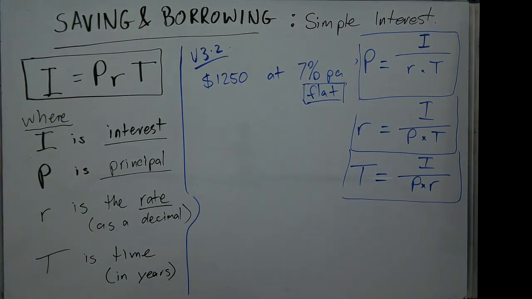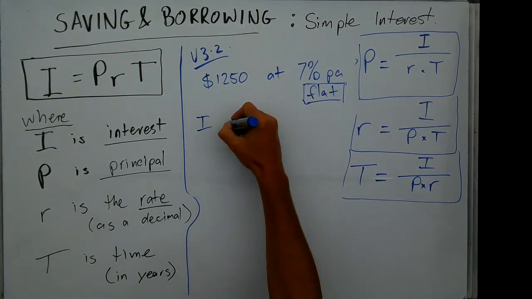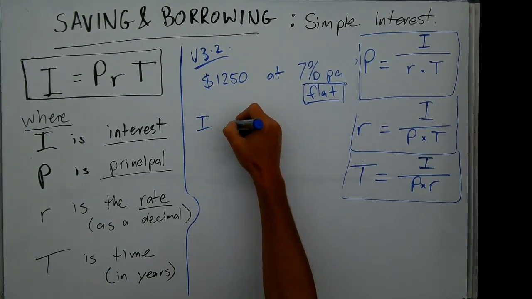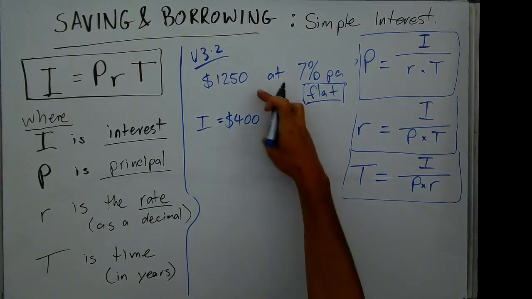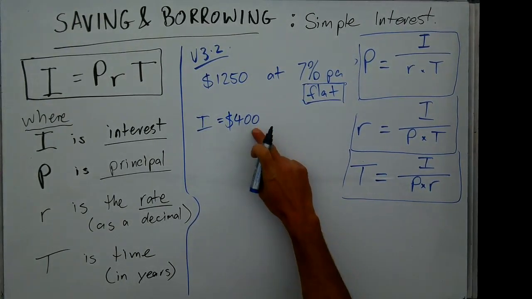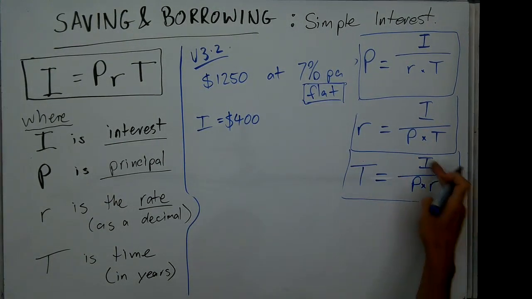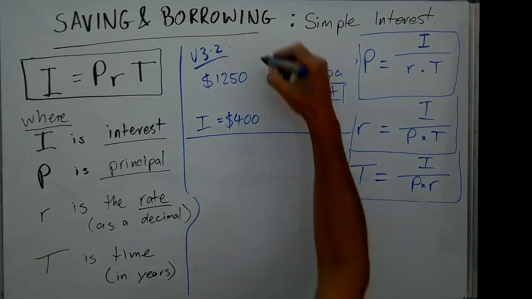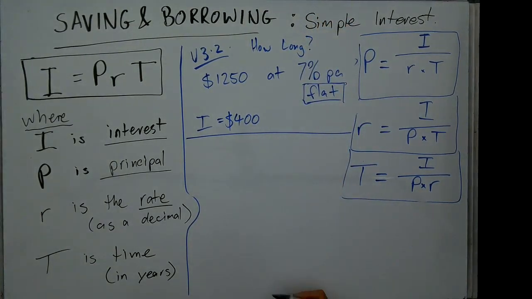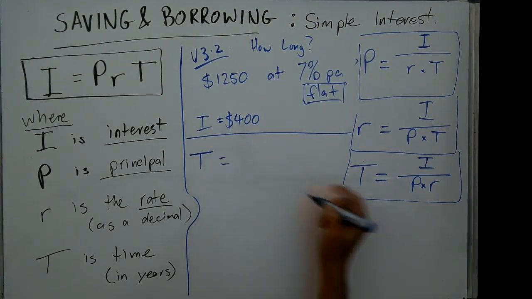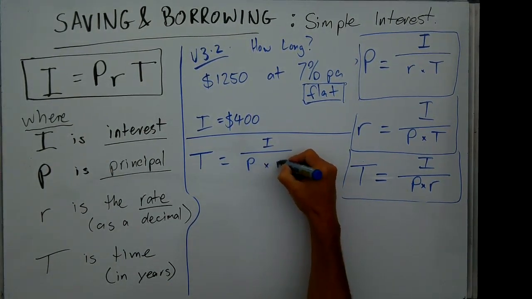Okay, so for how long can we earn the interest? Well, let's just work out the time for the interest to reach $400. We want to know how long it takes for this amount of money to earn this much interest at this rate. And we want to know the time. So we're going to use this formula here. How long, in years? So the time equals interest divided by the principal times the rate.